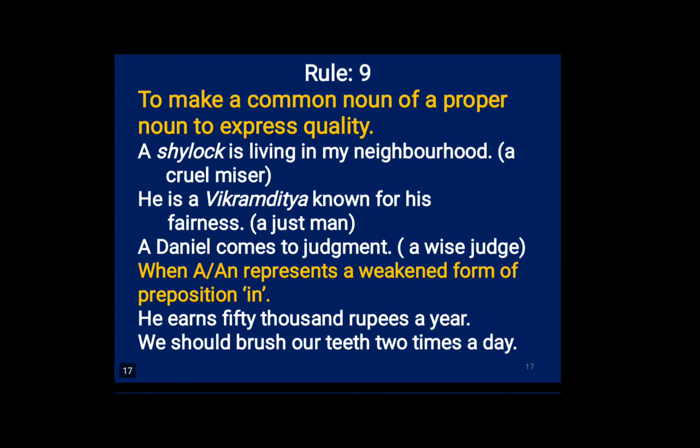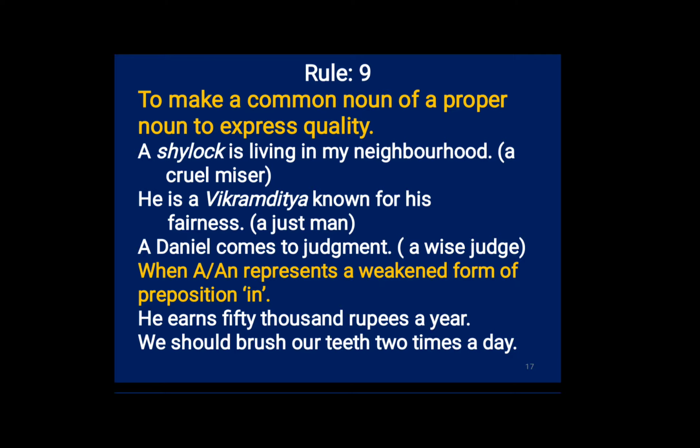When a or an represents a weakened form of the preposition in, if you look at the example, you will understand. He earns 50,000 rupees a year. A year in the sense, here instead of using the preposition, we are using the indefinite article a.